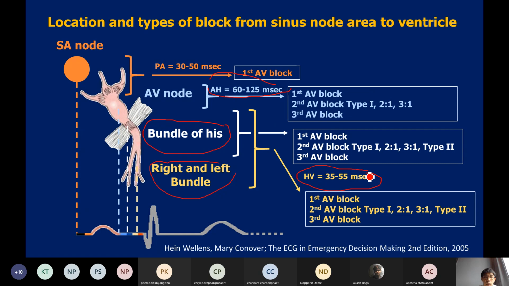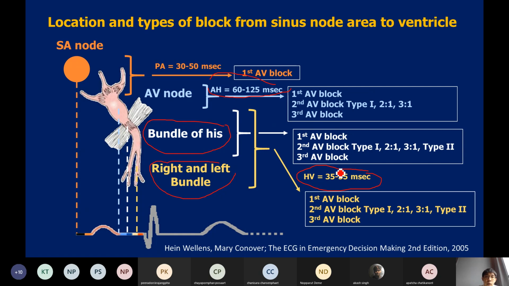You will see that the AH interval is 60 to 125 milliseconds. This is the normal AH interval. And in a normal heart, the HV interval would be 35 to 55 milliseconds. If these two intervals are prolonged, then there is some abnormality in the heart.